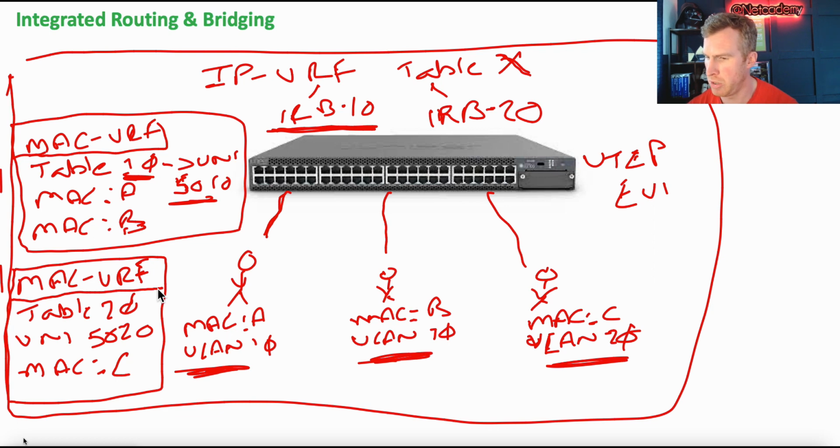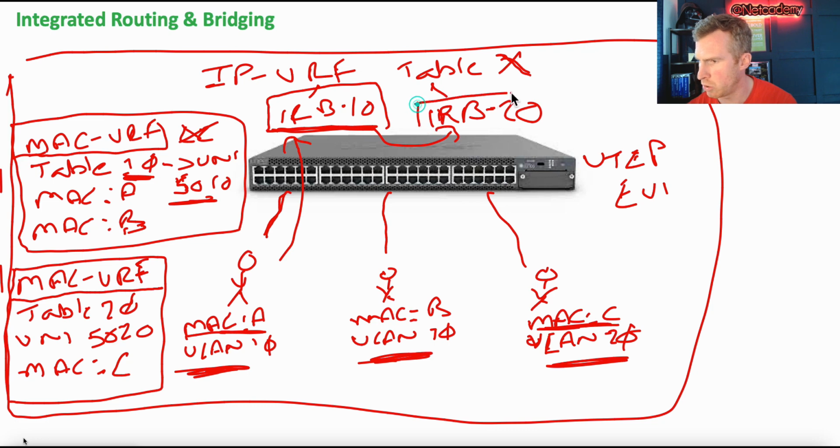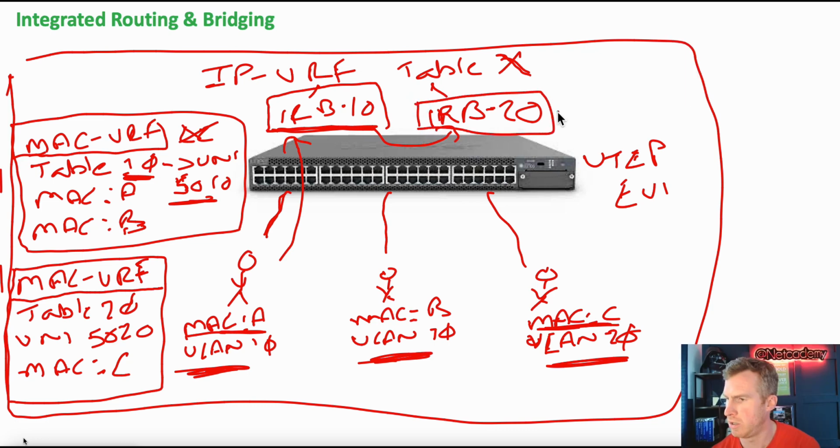So if user A wanted to communicate again to user C, it's got to go through its MAC-VRF, which will then strip off all that layer 2 header information, the source MAC and the destination MAC address, and send it onto the IRB.10 interface, where it's then routed over to the IRB.20 interface, and that adds on new layer 2 information.